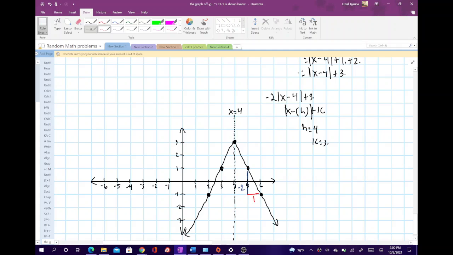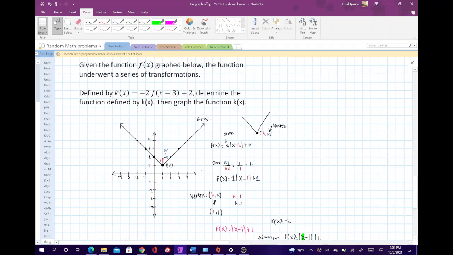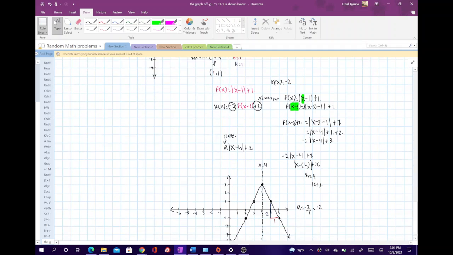So basically the slope A is negative 2 over 1, which is negative 2. The only reason why I define it by A is because of A times absolute value of x minus h plus k, where A is the slope. So that is how you graph this specific function, and that is the transformation that is given by this equation here.